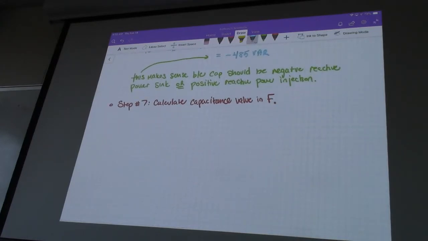You know that the reactance for the capacitor will be equal to the magnitude of the voltage across the capacitor squared divided by negative QC. There's negatives on both sides, so they would cancel out. Positive QC.